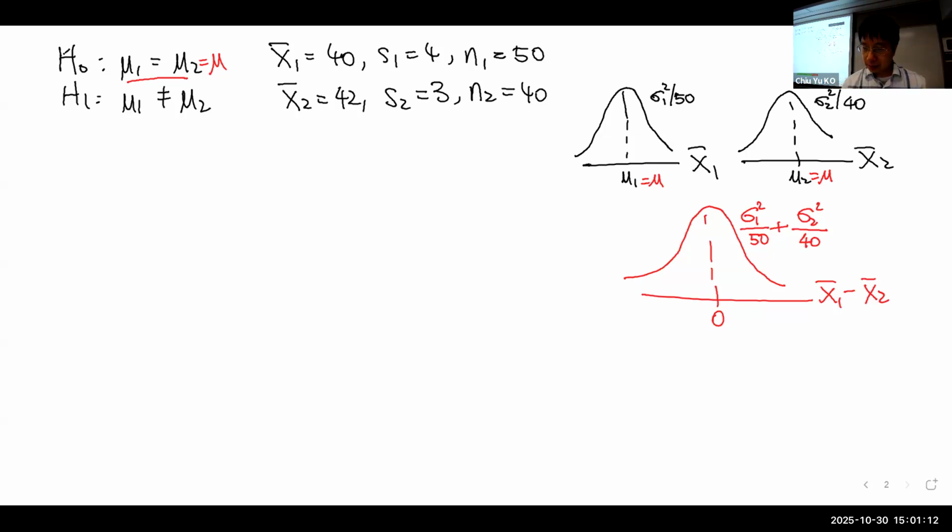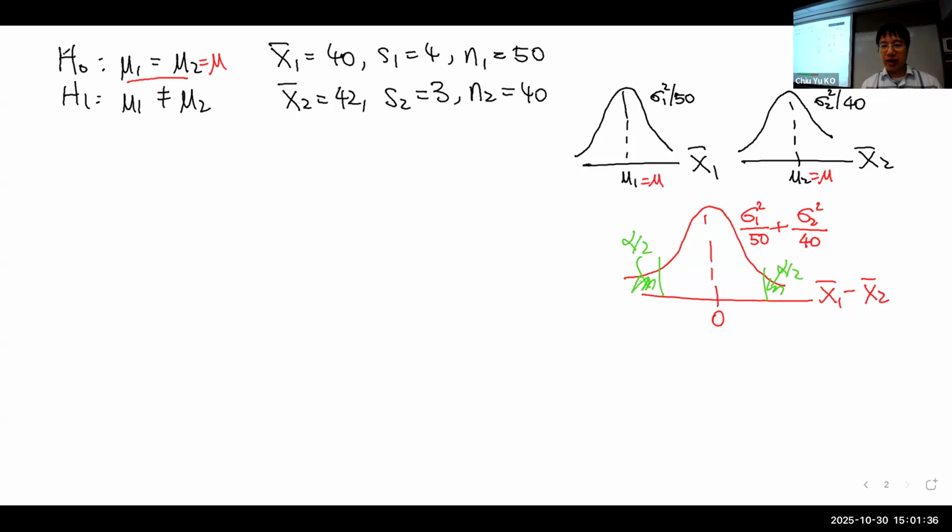And what we're going to do? Suppose we know sigma 1 and sigma 2, then it's easy, because I just need a two-tailed test. I want alpha over 2. If the data belongs to the green region, then we're done.